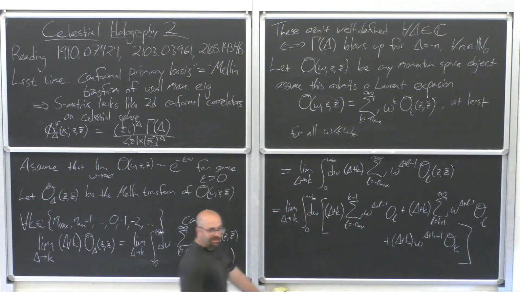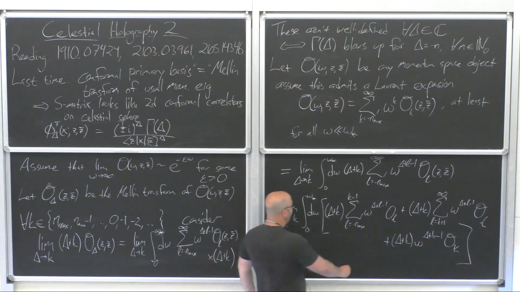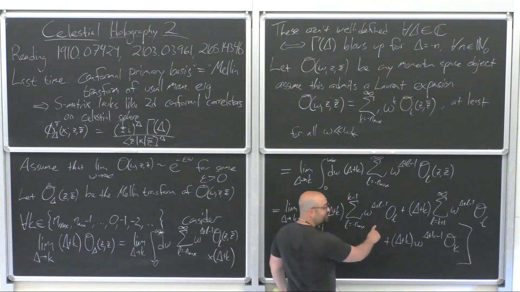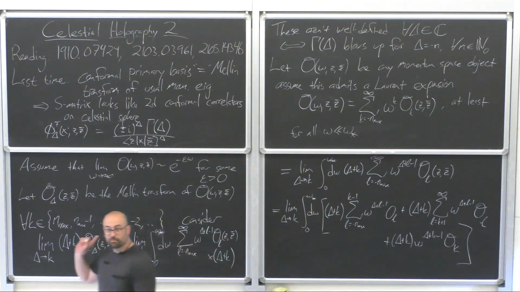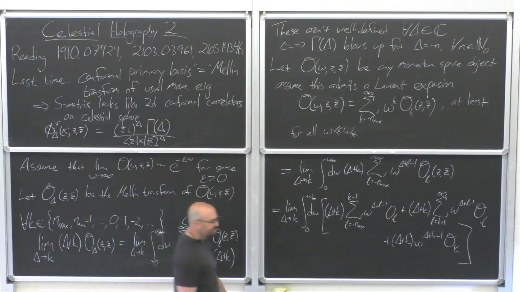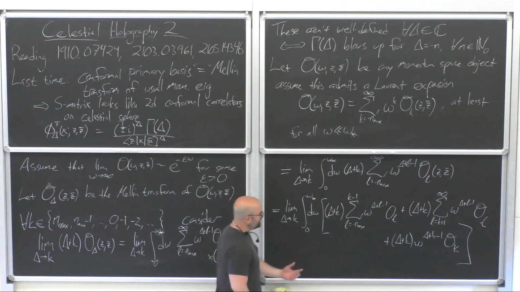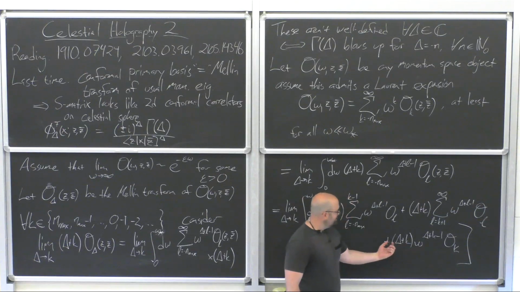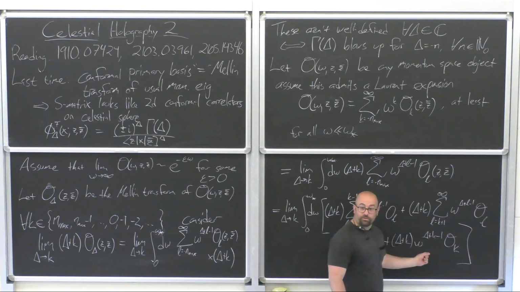Now, it's an exercise for the reader, not a hard one, to show that all of these terms and all of these terms are 0. They integrate to 0 in this limit. The only term that might not integrate to 0 is this one. And you can see why, because there's some prefactor going to 0 here, but then there's this bit of the exponent that goes to 0, and I get a 1 over omega.